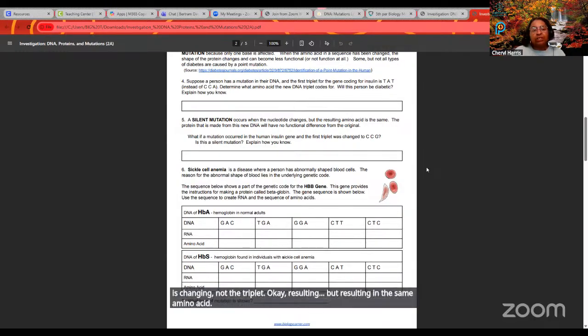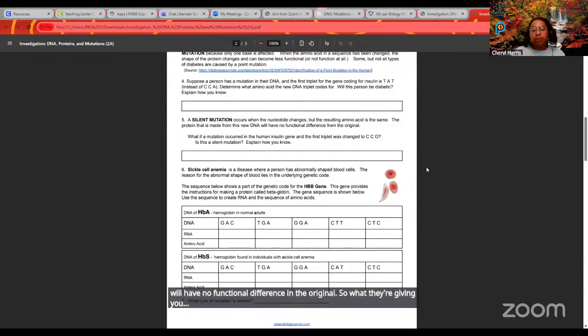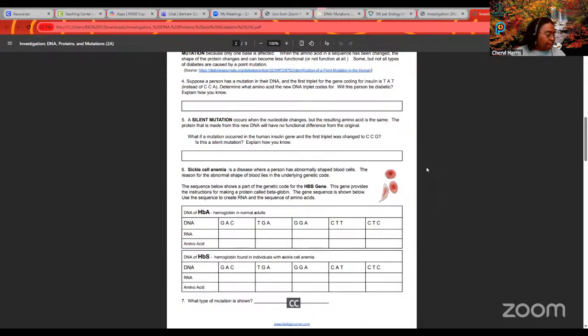The protein that is made from this new DNA will have no functional difference than the original. So go ahead and look up CCG. And what is CCG going to give you?